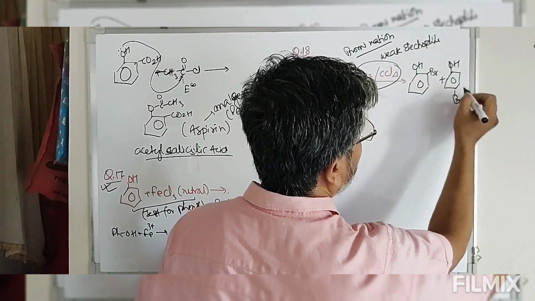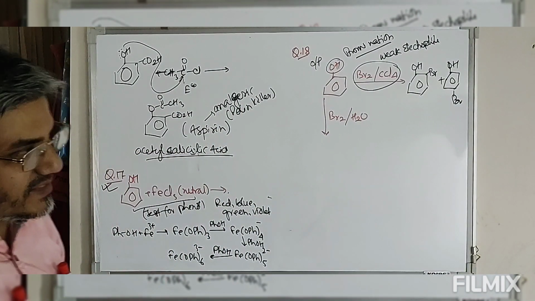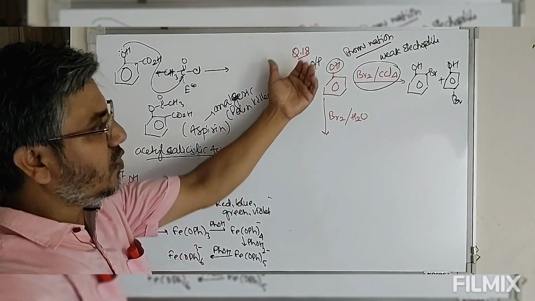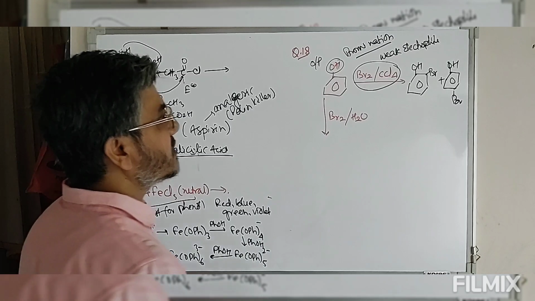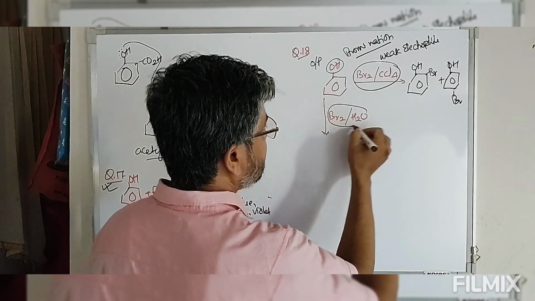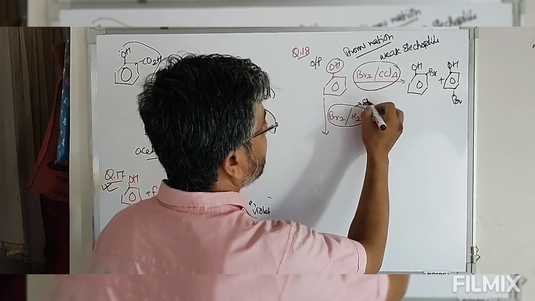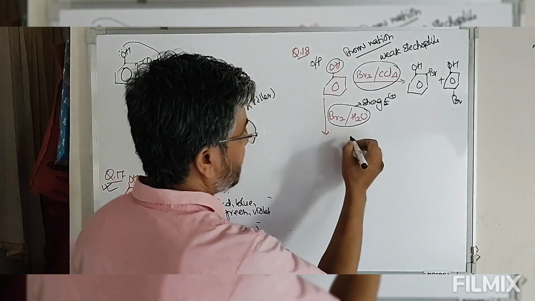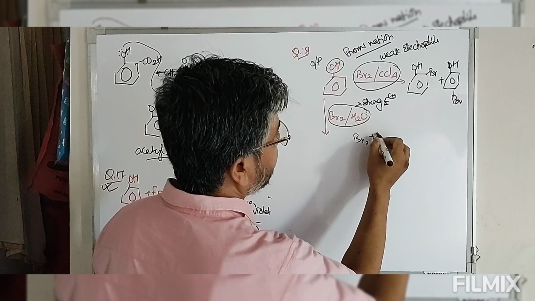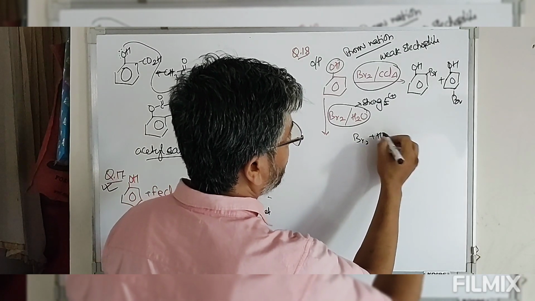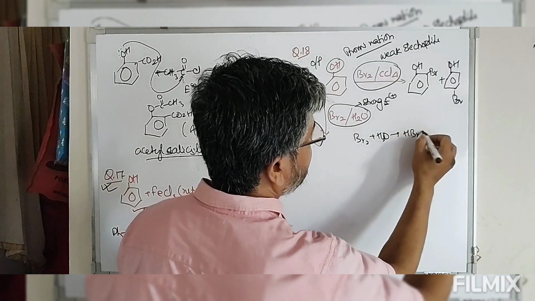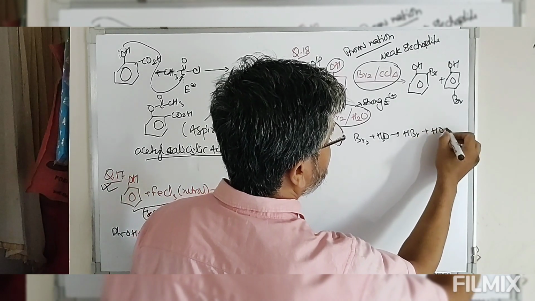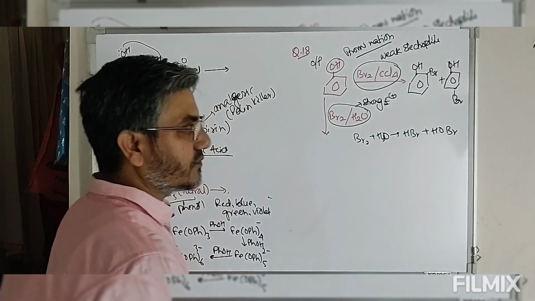bromophenols will be formed. Whereas when phenol reacts with bromine in presence of water, this generates a very strong electrophile. What is happening is, look at this. Br2 reacts with H2O, which gives you HBr plus HOBr.